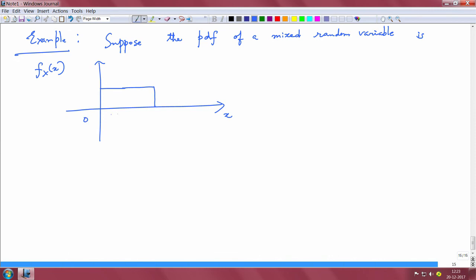This is uniform from 0 to 5. There is a height, some k that I do not know, right. At 2, I have a mass, an impulse, which is height 0.2. This is 0.2 delta(x minus 2), and at 4, I have another impulse which is 0.3 delta(x minus 4).